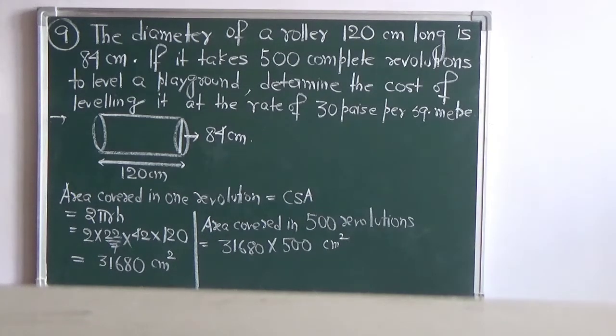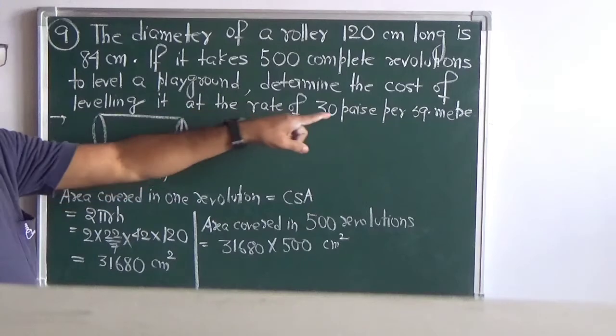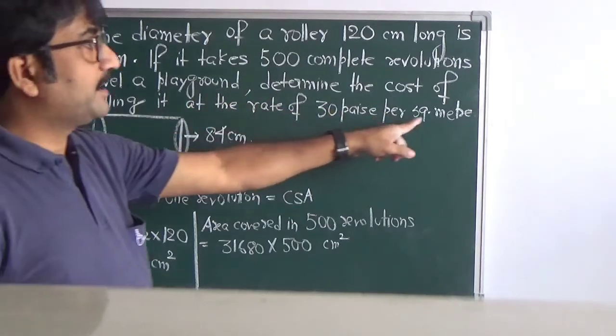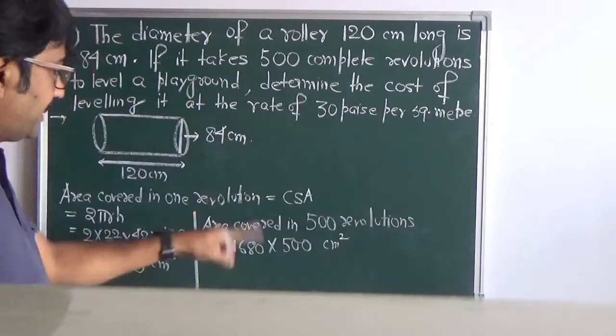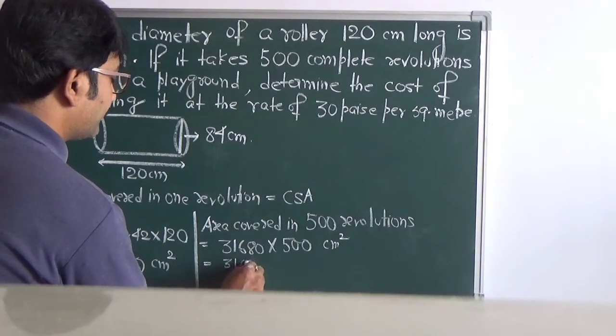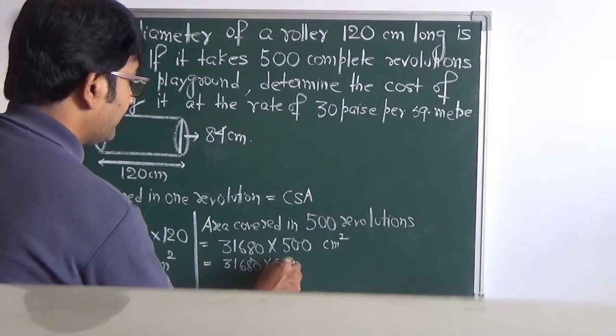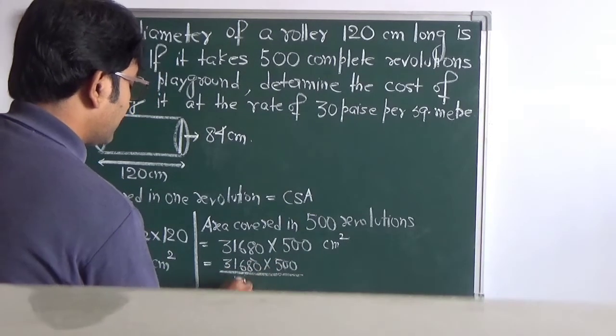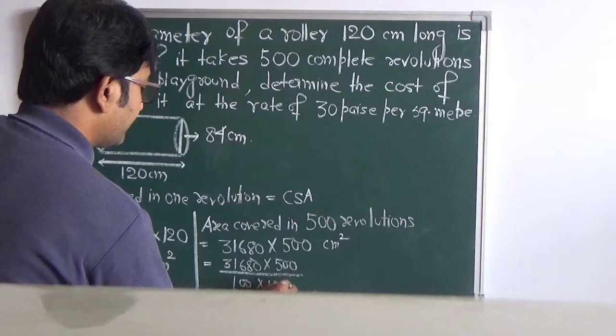Now we need to find the cost. See, the rate you have to check. The rate is given as 30 paisa per square meter. So we need to change it to meter square. 31680 into 500, divided by 100 into 100.